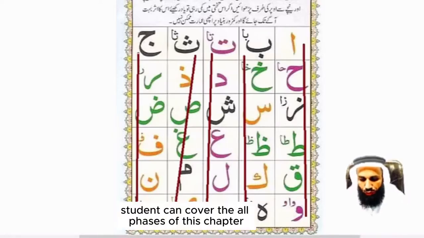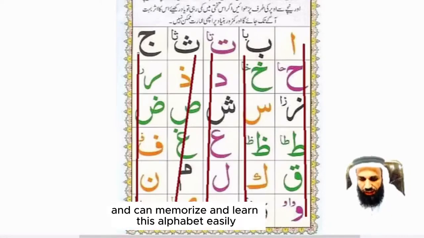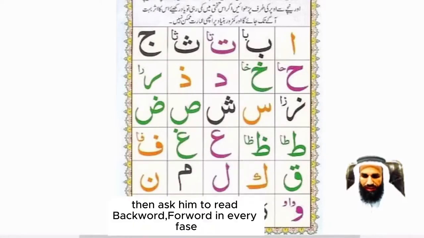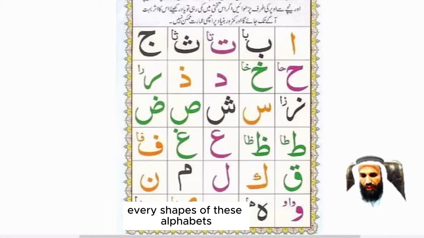In this way, the student can cover all the phases of this chapter and can memorize and learn these alphabets easily. Then ask him to read backward, forward in every phase, every shape of these alphabets.